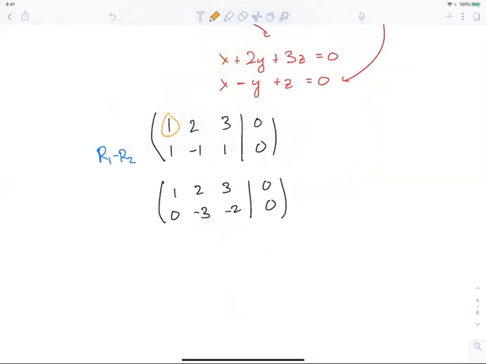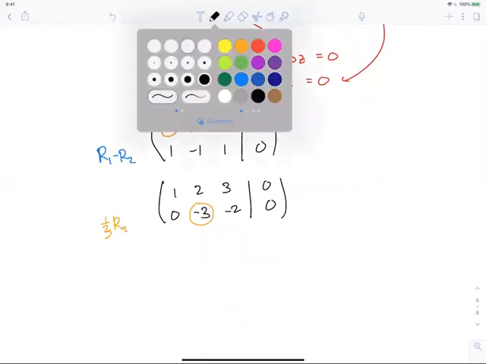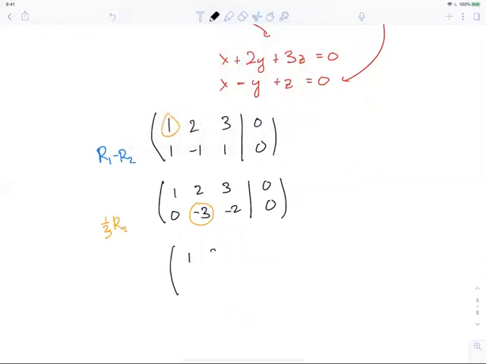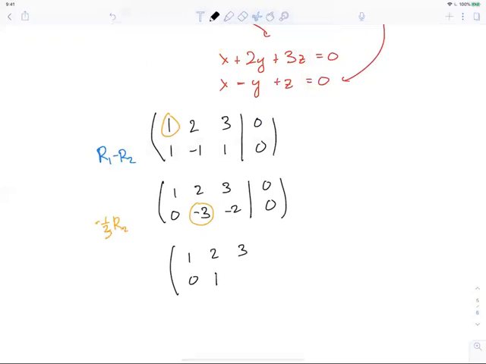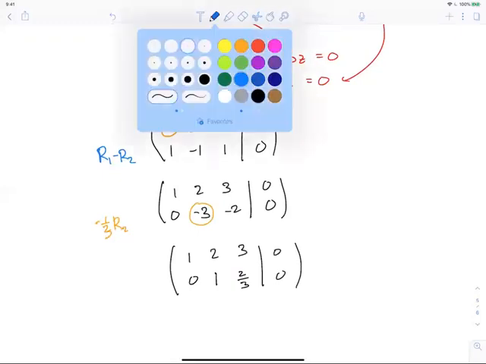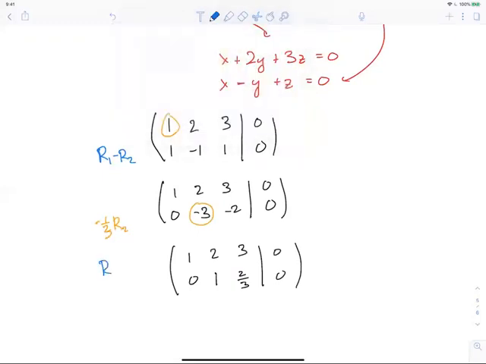We have another pivot right here. There's a minus 1/3 rather. And then finally, we're going to make this one a 0 right here.